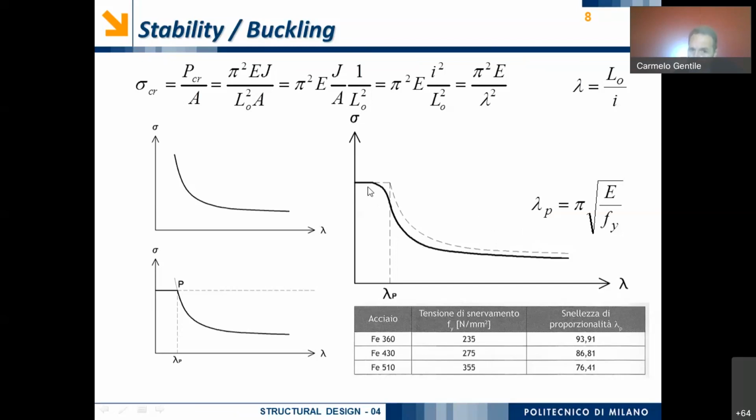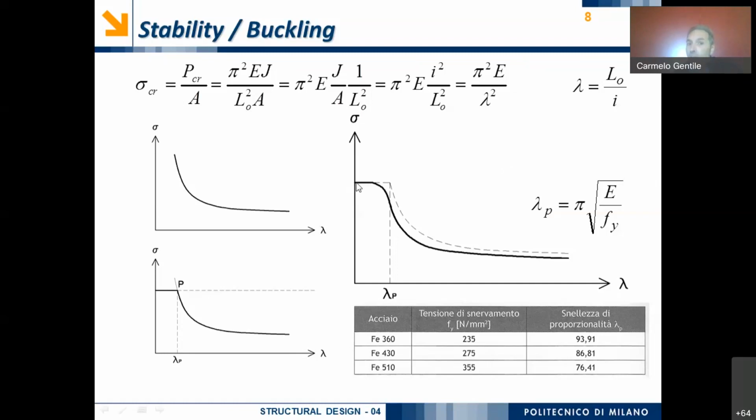Another kind of reduction of this shape of our stability curve is related to the fact that this kind of stability curve has been evaluated for an ideally elastic behavior, while in the case of a real material, there is the effect of imperfection and there is also the effect of plasticity.